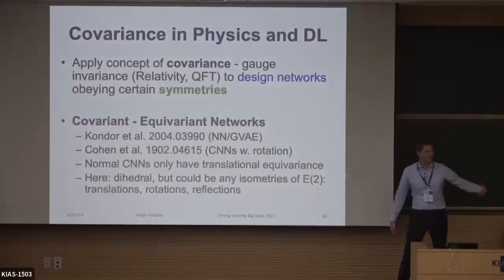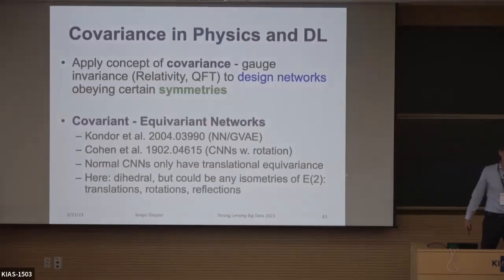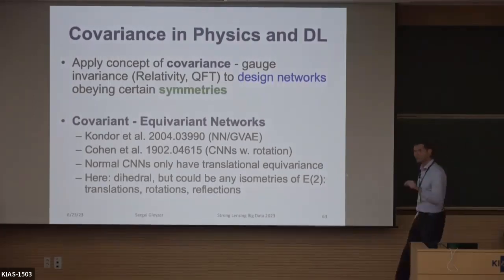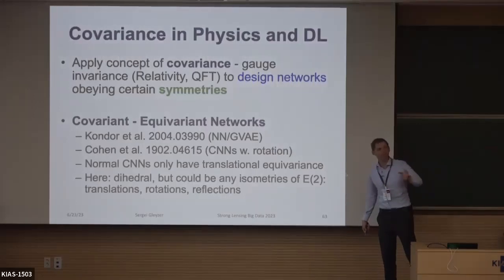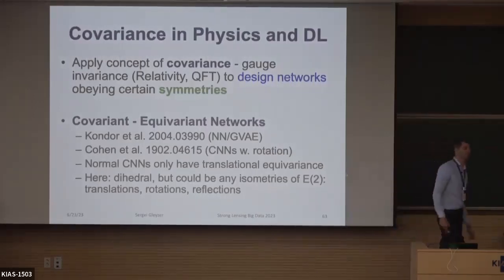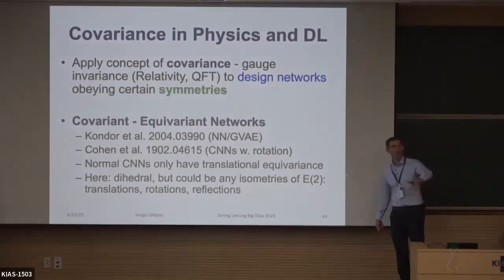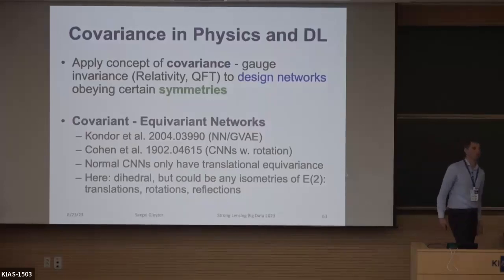You need to either embed it in the data, show it to your model that's able to learn it, or you can be smart and pick a model which is going to respect, let's say, a rotational symmetry or some invariance. As we all know, convolutional neural networks already have some invariance to local translations, right? Because of pooling and convolution.